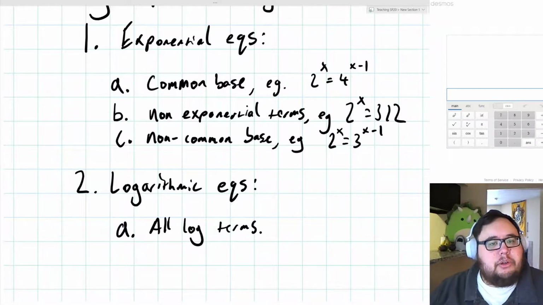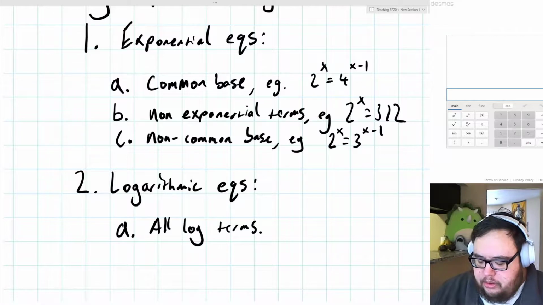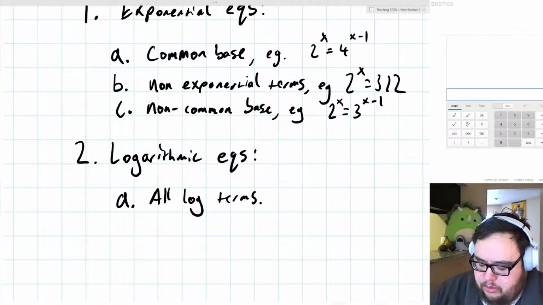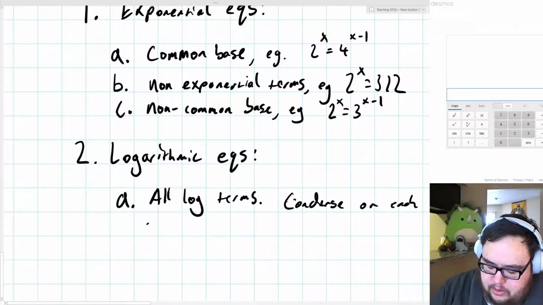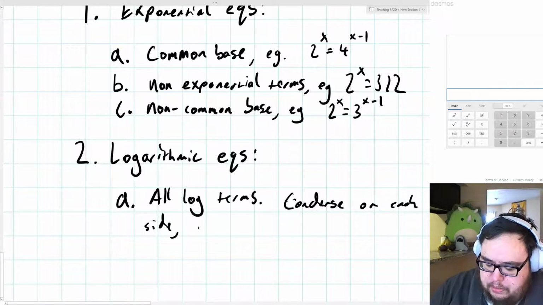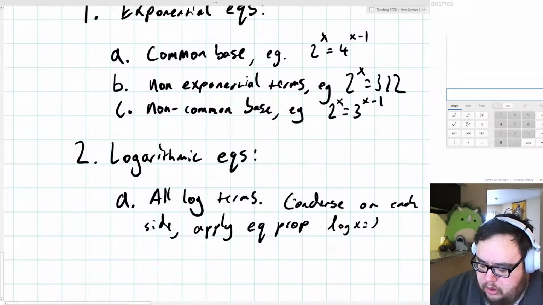Condense them as much as possible so you had log of something equals log of something, and then apply the equivalence property, right? So condense on each side, then apply your equivalence property. Log of x equals log of y implies that x is equal to y.